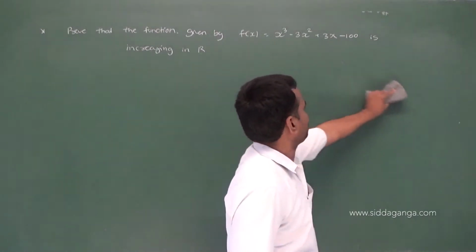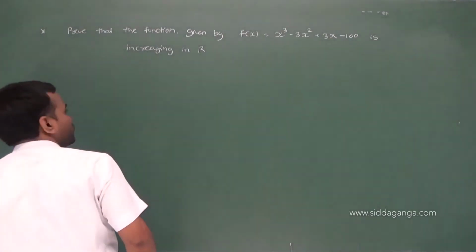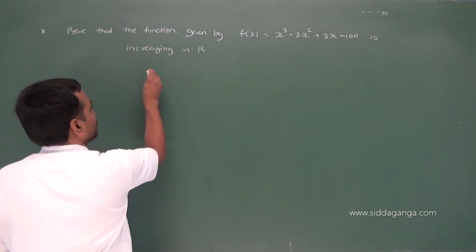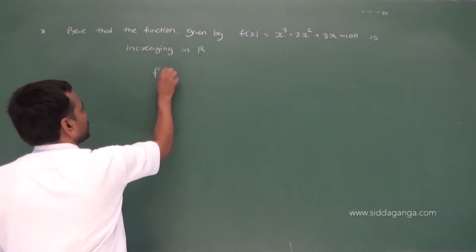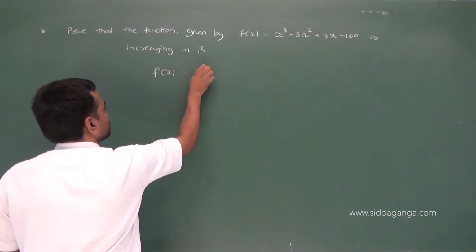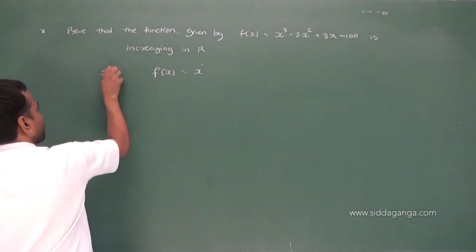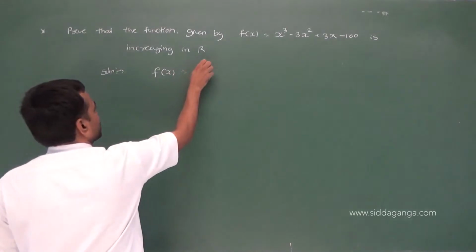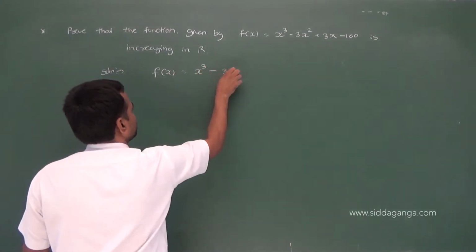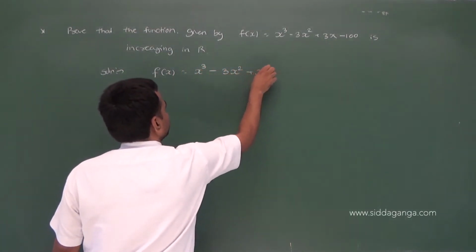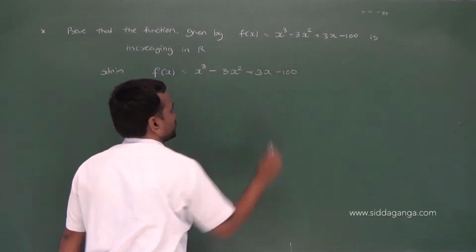He has given the interval, everything, we only have to differentiate and show that. Given f of x, solution: f of x is x cube minus 3x square plus 3x minus 100.